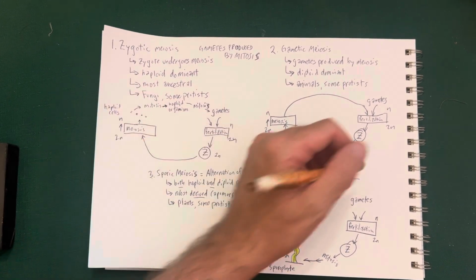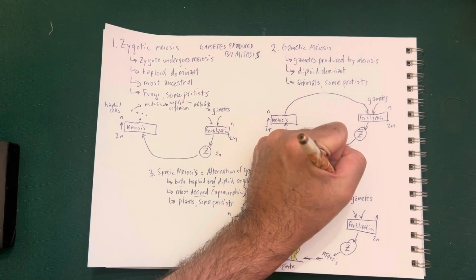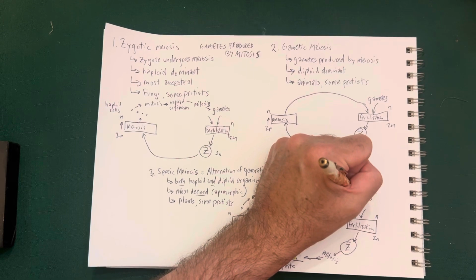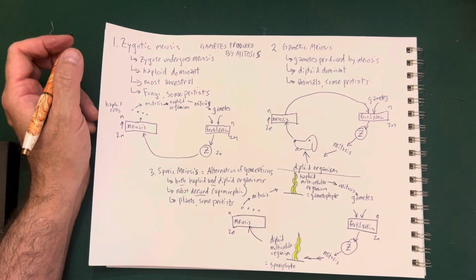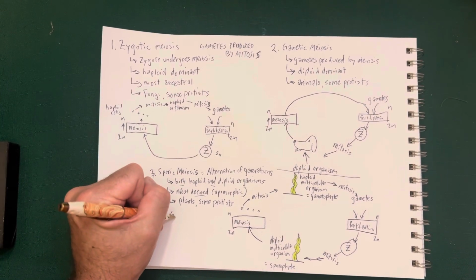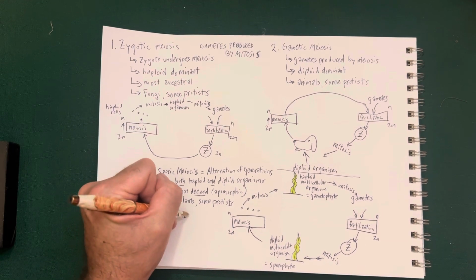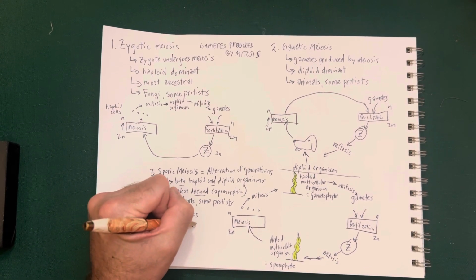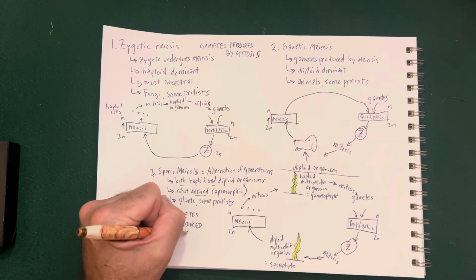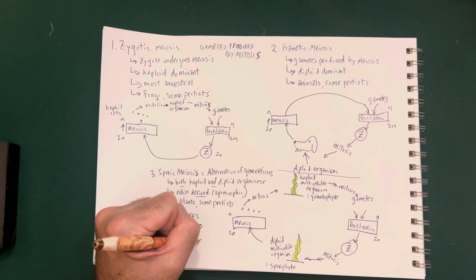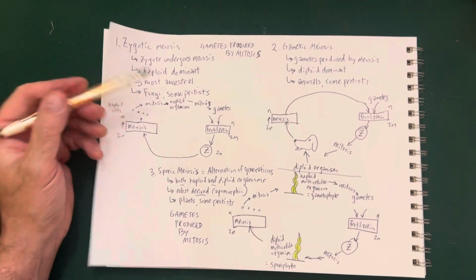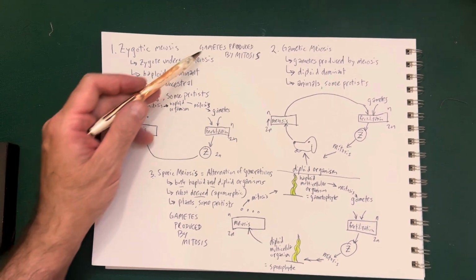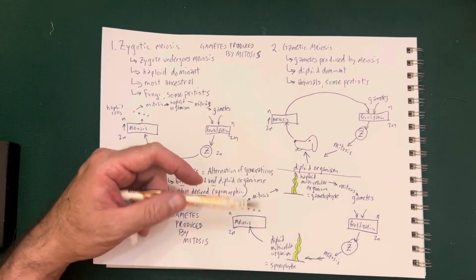What's it going to use? It's got to be mitosis. So once again, we have a case where the gametes are produced by mitosis.